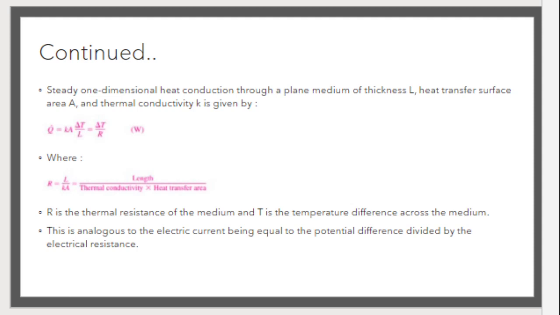Here R is the thermal resistance of the medium and ΔT is the temperature difference across the medium. This is analogous to the electric current being equal to the potential difference divided by the electrical resistance.